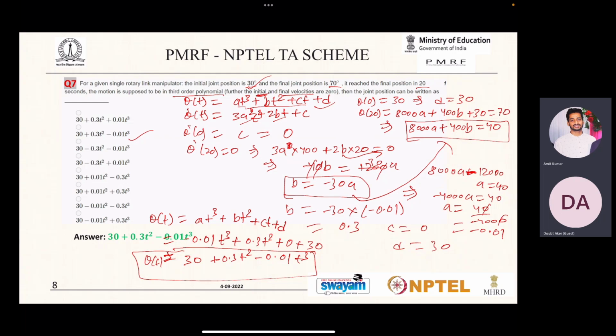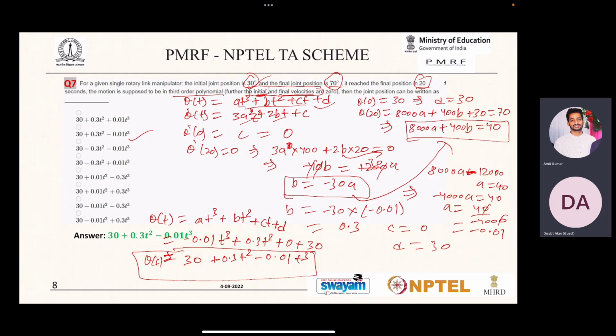We have used the initial condition, and the initial and final velocities. So these four conditions we have used to find all the coefficients, and the time as well. So this is how you find the trajectory equation. So this is what we have for this question. With that, let us move to the next question.